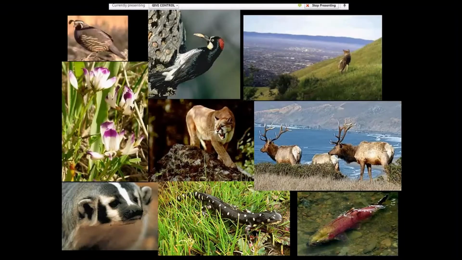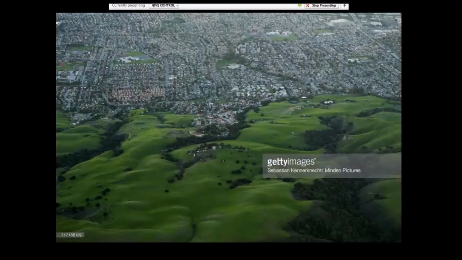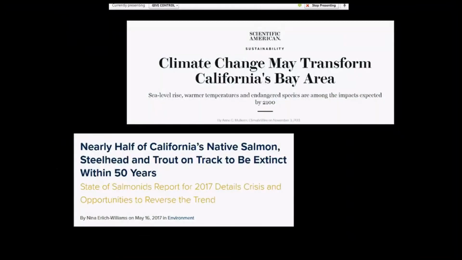And nearly all of the pre-European contact species are still here, which is wonderful news. The bad news is, are they all doing well? No, not all of them. First we've converted a lot of their habitat to other uses, and climate change is already adding pressure to the region's ecosystem.